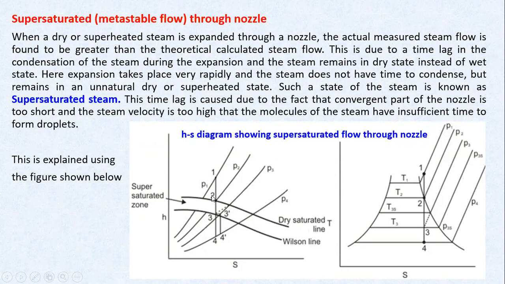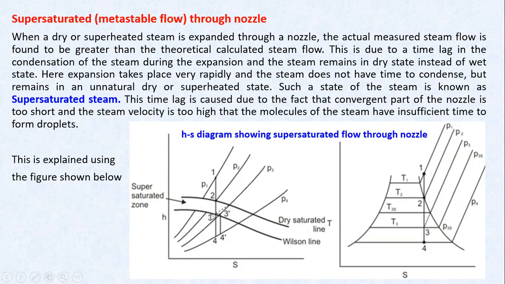So the condensation will not occur at a point on the dry saturated line, but continues to point 3 unnaturally. This state of the steam is known as supersaturated steam. The actual condensation will start from point 3 and it continues as a normal flow.